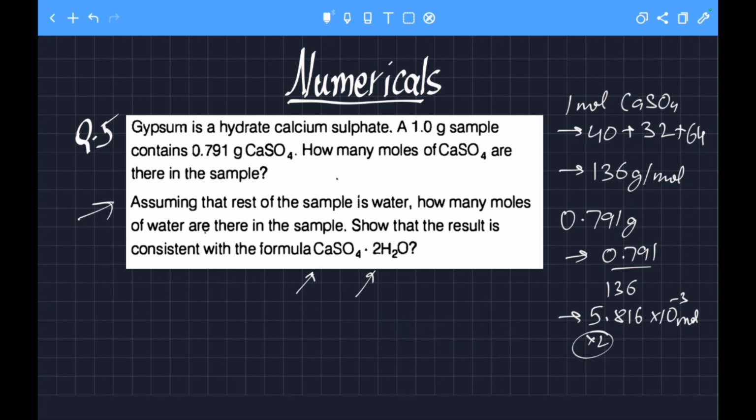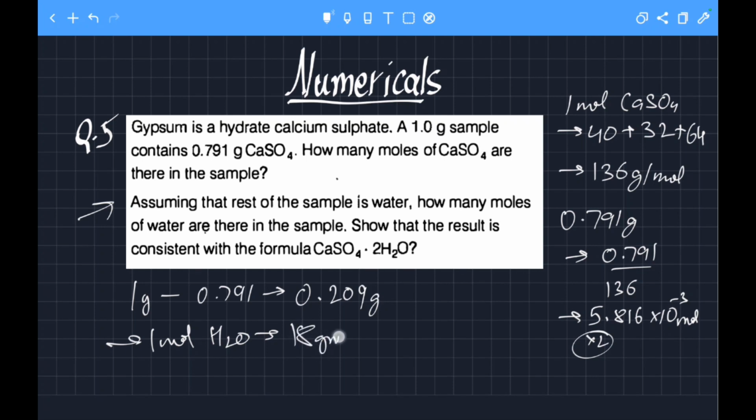So let's forget this number for now. Let's calculate it. So 1 gram में सिर्फ 0.791 ग्राम CaSO4 है. So rest is water. So 1 minus 0.791 is 0.209 gram of water. एक ग्राम एक मोल H2O का मास होता है 18.